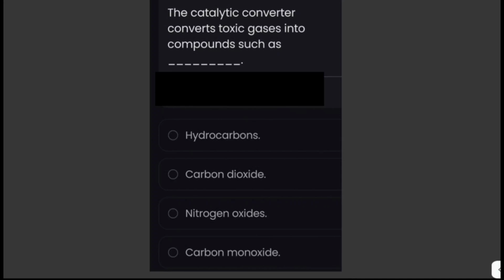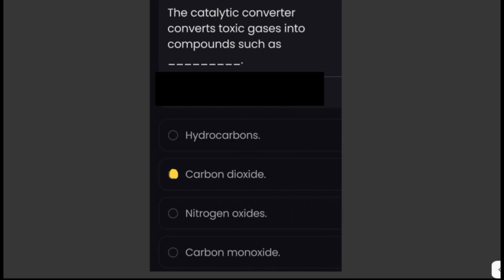The catalytic converter converts toxic gases into compounds such as hydrocarbons, carbon dioxide, nitrogen oxides, or carbon monoxide? The answer here is carbon dioxide. Catalytic converters are emissions control devices found in the exhaust systems of vehicles.